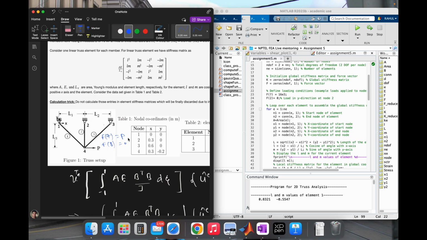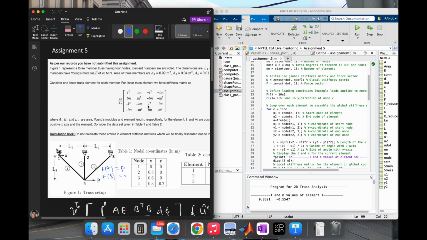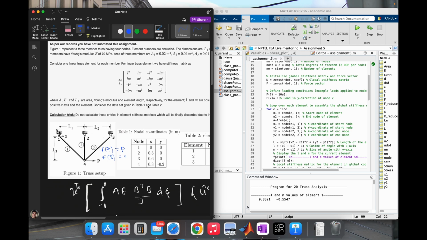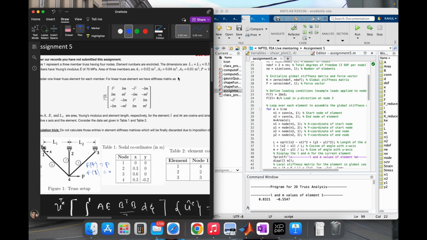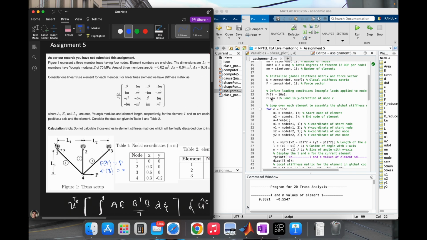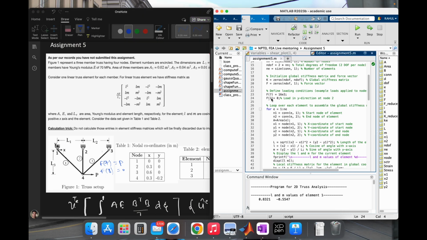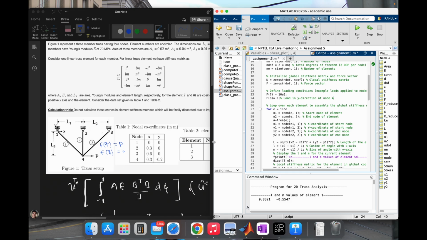It is given that F7 equals P, so I have to write F7 equal to the P value. What is the value of P? It is given as 16,000. So I have written 16,000, and F8 is 0, because there is no vertical force at node 4.